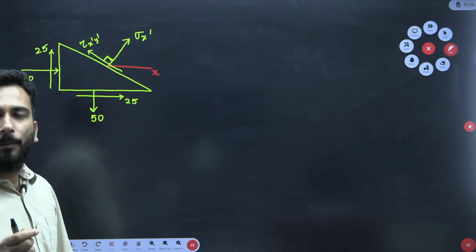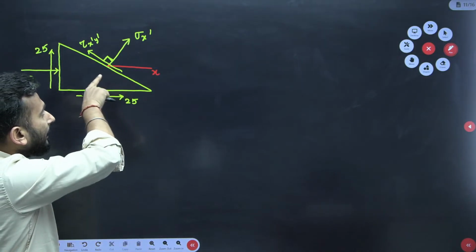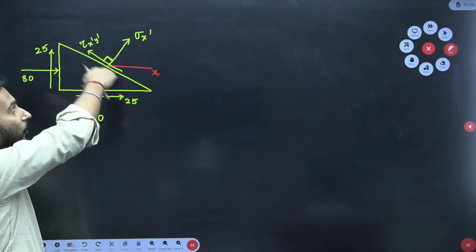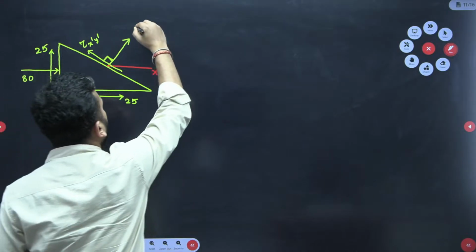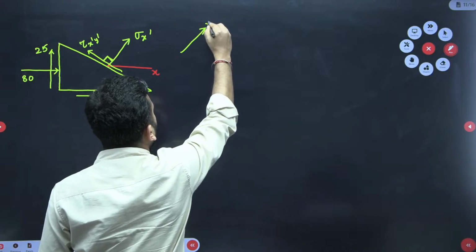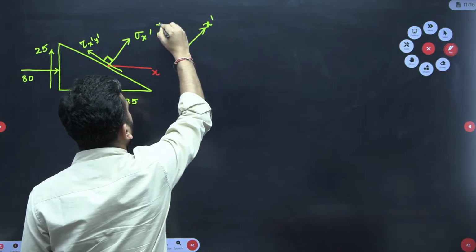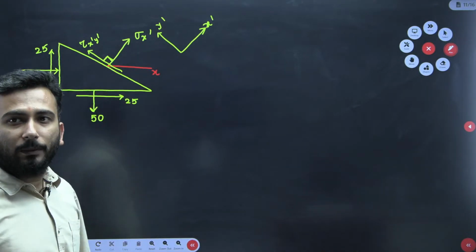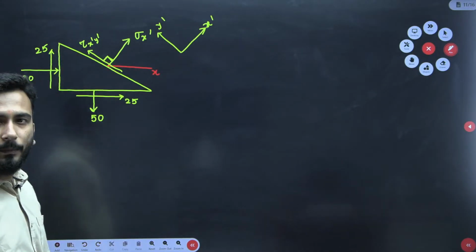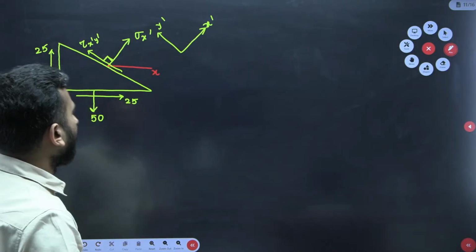So we have to apply the force equilibrium in the x dash direction, and once in the y dash direction, because if I talk about the new coordinate system, this direction is x dash and this direction is y dash. So two force equilibrium equations we have to use, one in the x dash and one in the y dash.